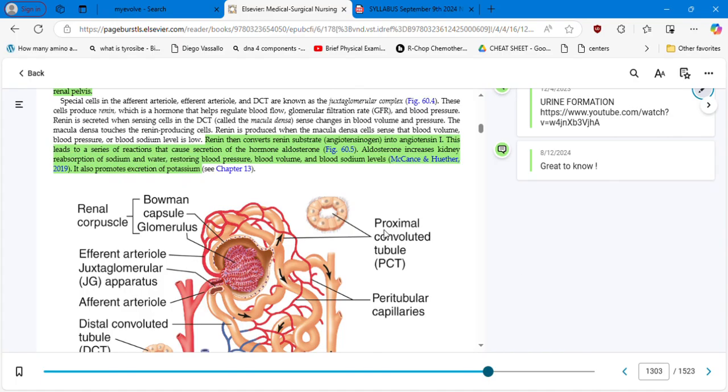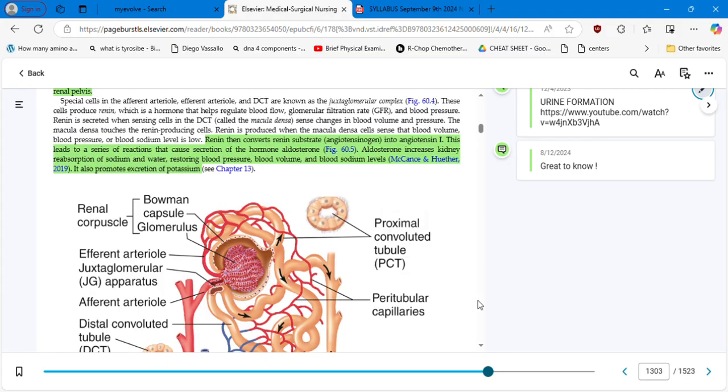Renin, I want to be precise on this, but I think I'm going to start from behind. Special cells in the afferent arteriole, efferent arteriole and distal convoluted tubules are known as the juxtaglomerular complex.